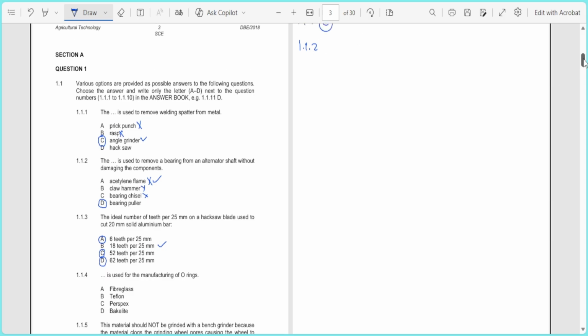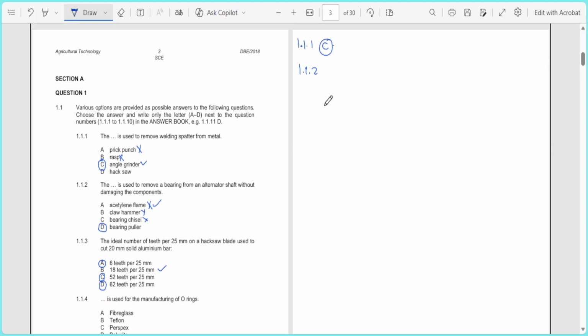So for 1.1.3, we are going with B. C is too fine and could clog quickly with aluminum shavings. That is justifying why C cannot be used. What about D? D is going to be extremely fine.